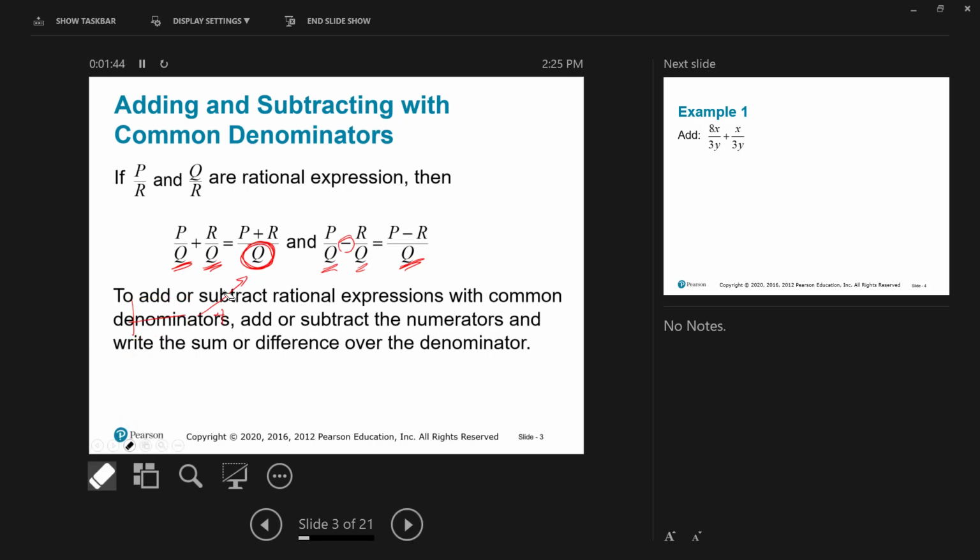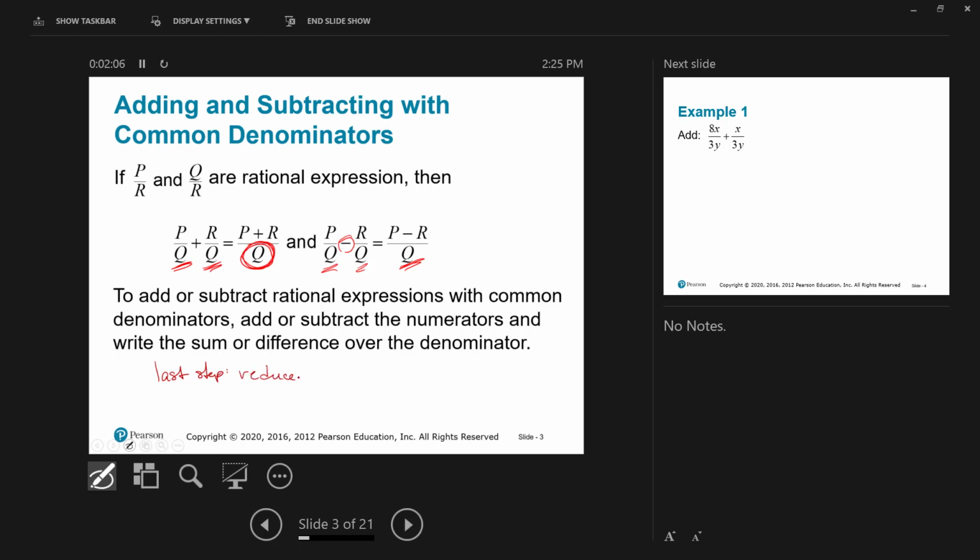So, notice what it says. To add and subtract rational expressions with common denominators, simply add or subtract over. By the way, the very last step of adding and subtracting fractions that they didn't say is to always see if you can reduce that fraction.